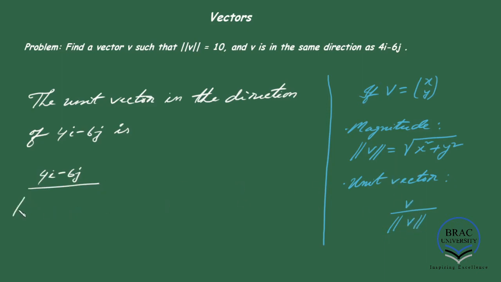So we're going to divide this vector by its magnitude. This is how we can write down the unit vector.